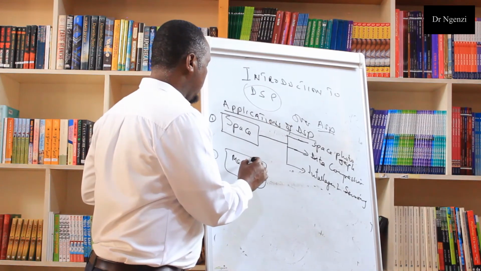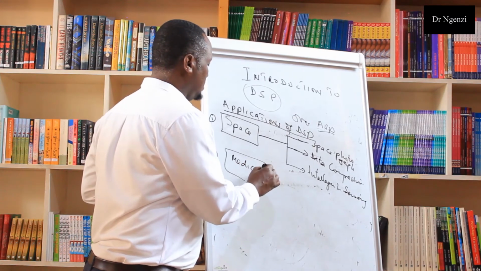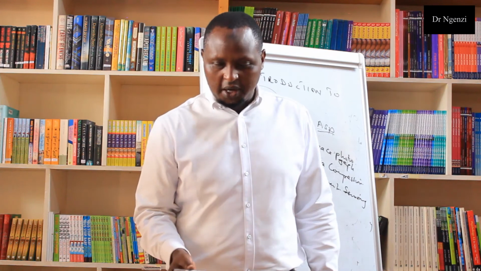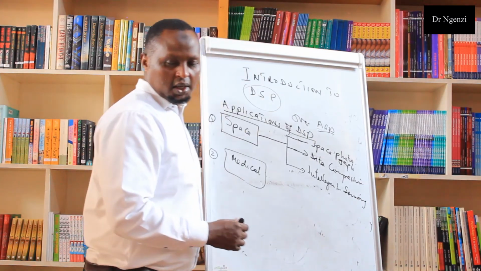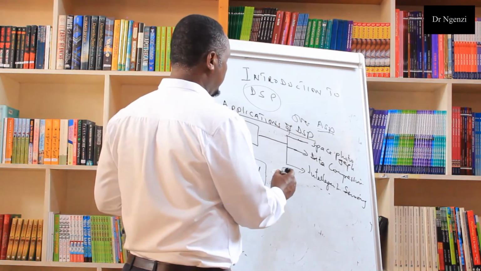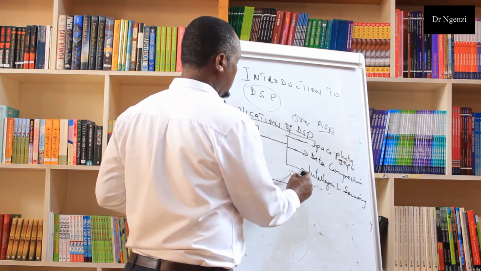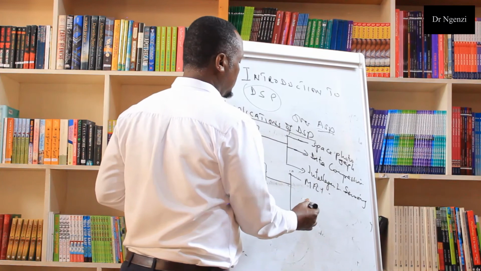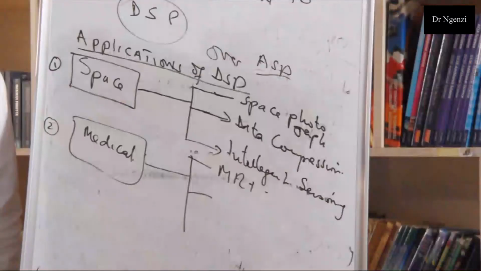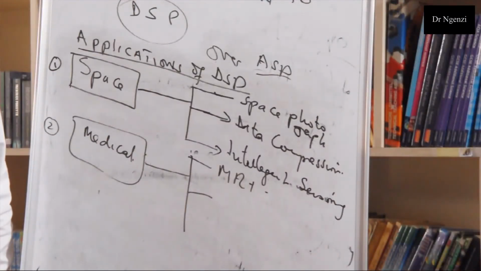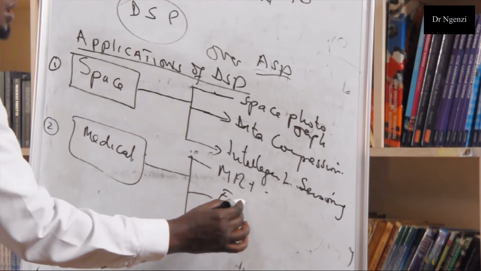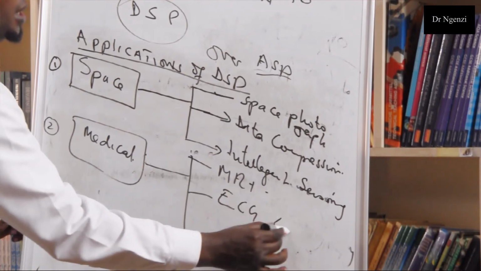We also have number two, where we are going to apply medical. It is also applied in medical systems, where we can do diagnostic images using MRI, for example. We can also have electrocardiogram, or for example, you can generate ECG signal and EEG signal.